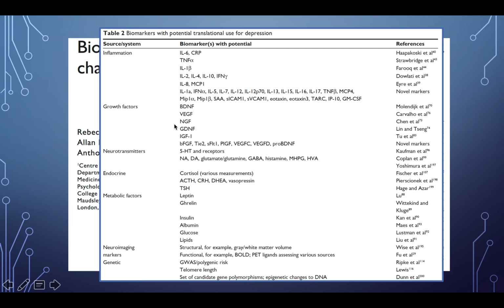This gets pretty deep into a little bit of everything. So we have inflammatory markers, just as some of the things you just saw: interleukin 6, CRP, TNF alpha, interleukin 1 beta, and the 2, 4, 10, all those interleukins. Growth factors, so BDNF, VEGF, nerve growth factor, insulin growth factor, neurotransmitters.